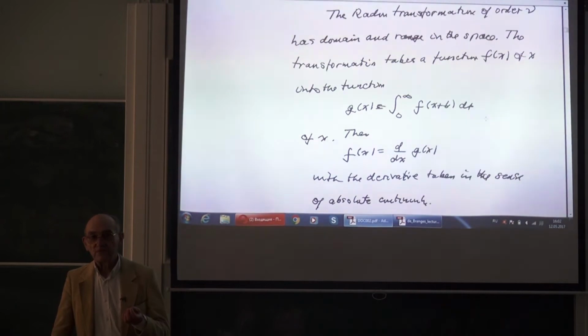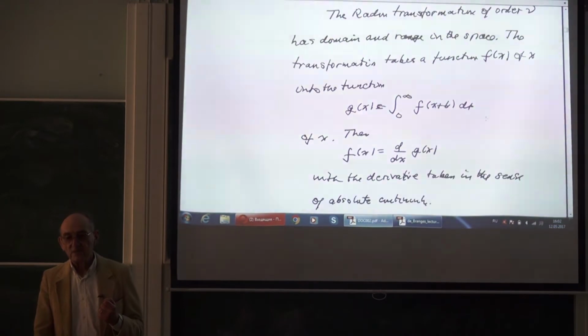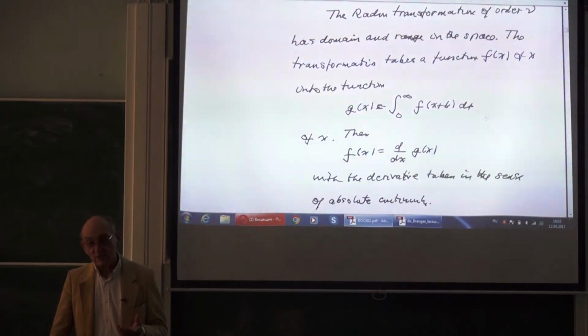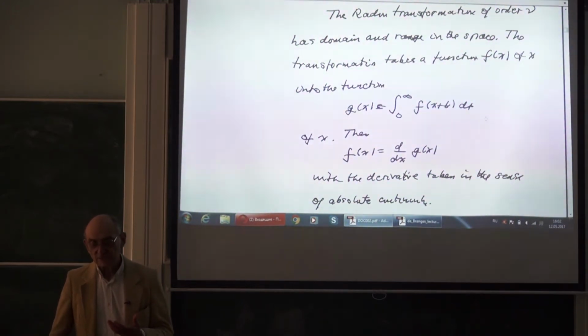You have a flow of heat on every locally compact abelian group. It's a universal property of Fourier analysis. It's not just a property of the line. And all computations of Fourier integrals by people that use them, and these are applied mathematicians, they always use the Laplace transformation to compute the integrals.